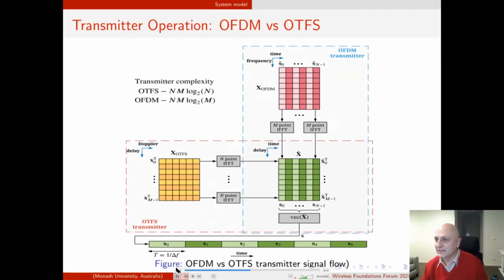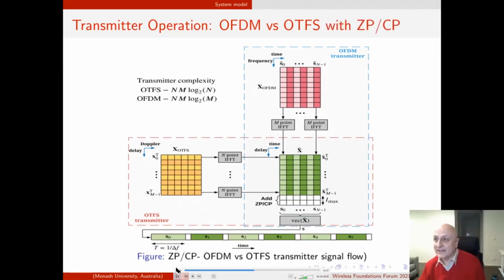The result is vectorized and transmitted in the time domain. What's the difference? Well, the complexity difference of the transmitter relies on the numbers M and N. M is the number of subcarriers in OFDM, and N is the number of OFDM symbols that are transmitted.